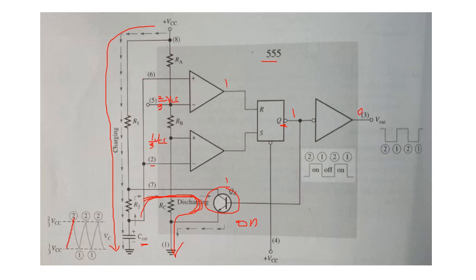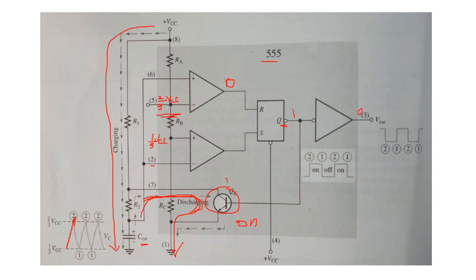Now the capacitor starts discharging, the voltage starts falling down. Once it comes below 2 by 3 VCC, this will become 0.